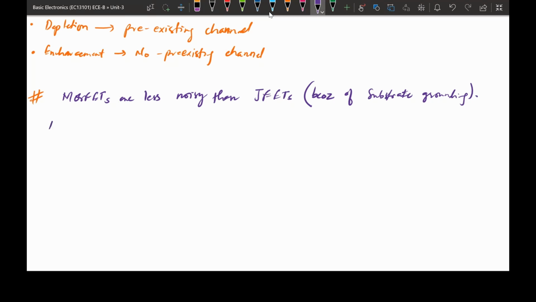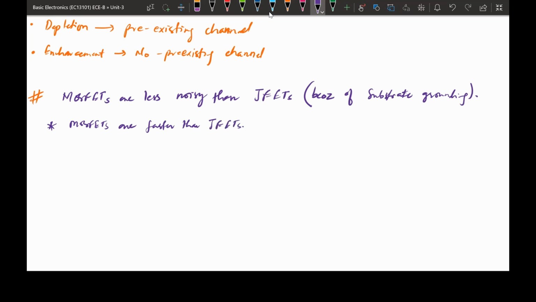And also here, MOSFETs are compared to be faster than the JFETs basically.